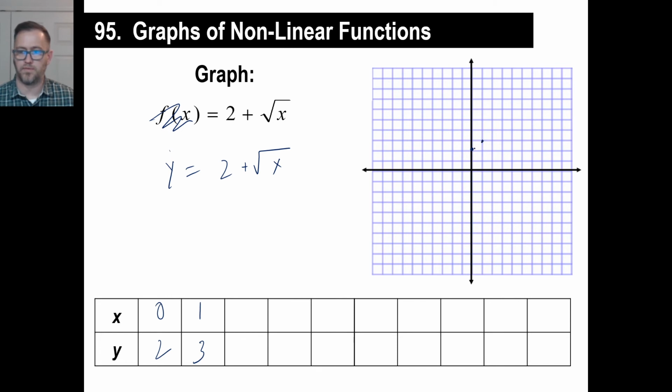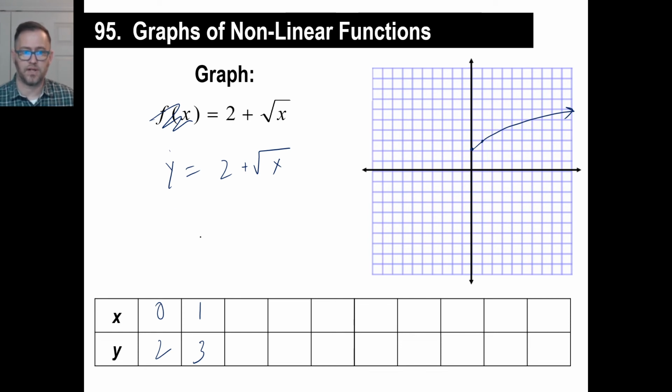And then you probably figured this is going like this. What if X is negative 1? Well, that's not going to work. You can't even use a negative number because you can't have a square root of a negative number. So this is going to look exactly the same as the other ones, except the 2 makes it go up.